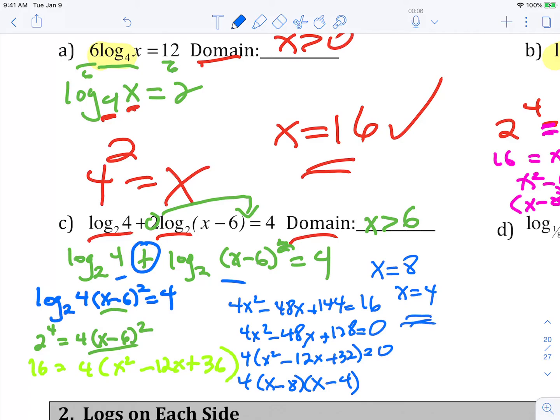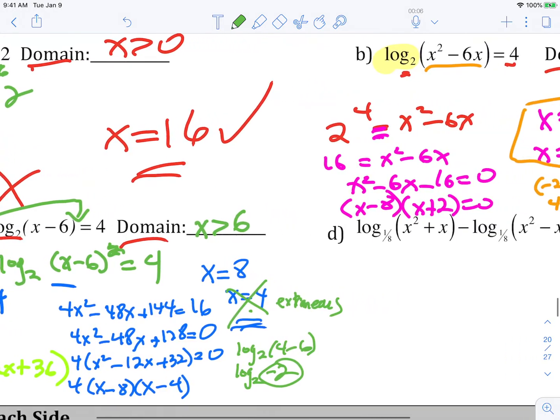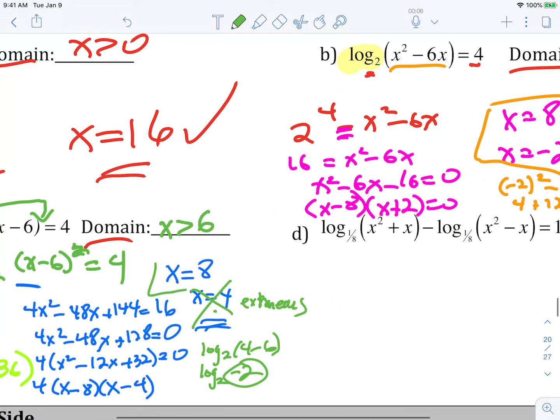This one is in trouble because if I substitute 4 in, I'm going to get log base 2 of 4 minus 6, which is log base 2 of negative 2. This will never happen. There's nothing you could raise a number to that's going to give you a negative 2. So we call this an extraneous solution. So our only real solution is x equal 8.